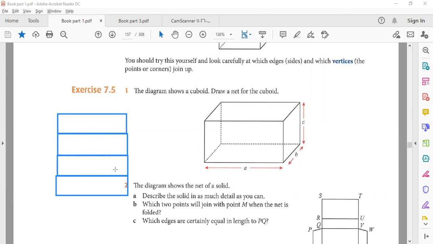So you can see here I draw different shapes. Now the next shape I draw here, and the other shape I will draw here.